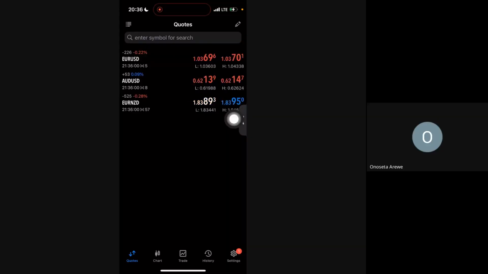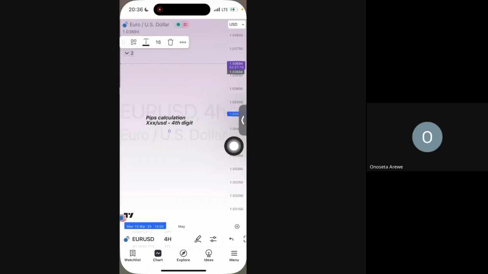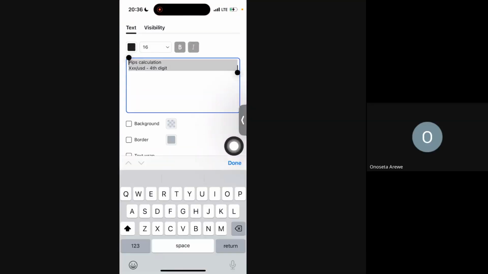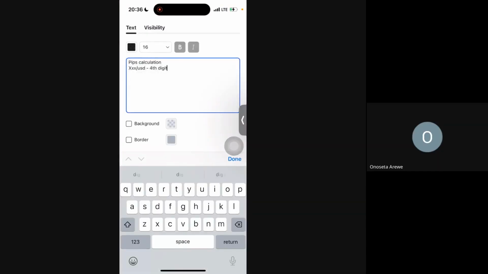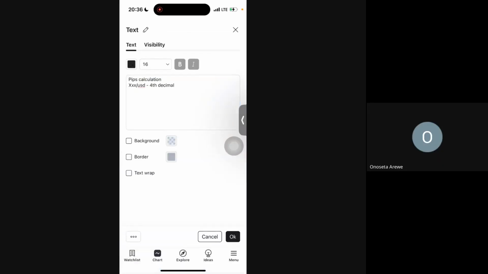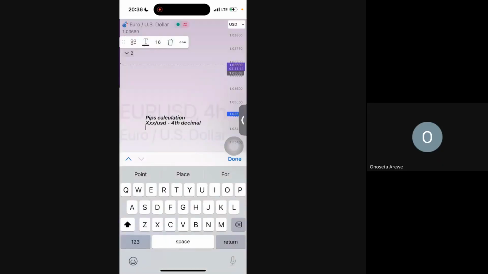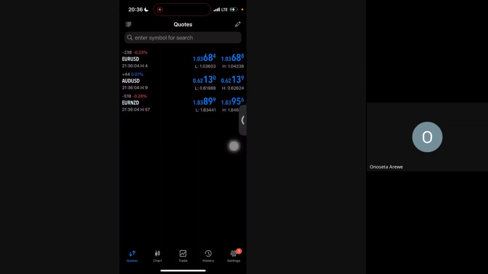Remember, I said it starts from the fourth decimal place. Sorry, not fourth digit, fourth decimal, okay? So it moves from the fourth decimal place.